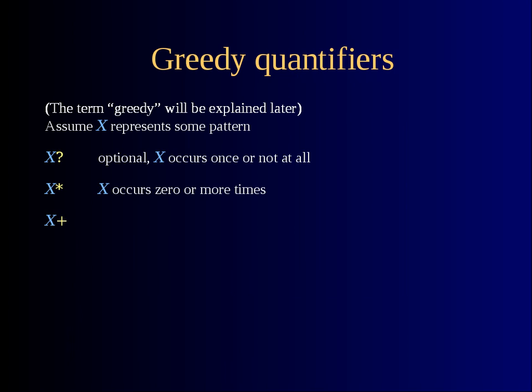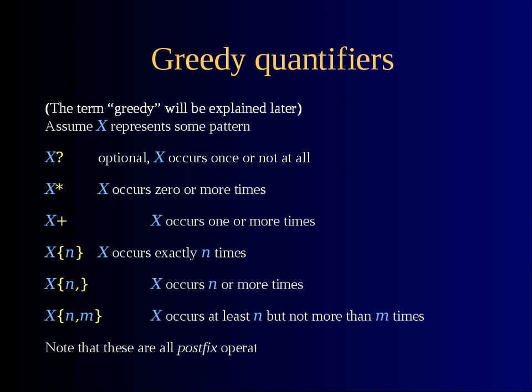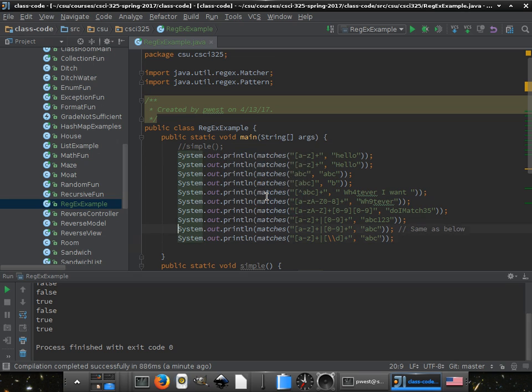Okay, so here we go with the quantifiers. All right, these are very useful. The question mark means you either have one or none. So let's take this one real quick and make that a question mark. And then we're going to get rid of this or.